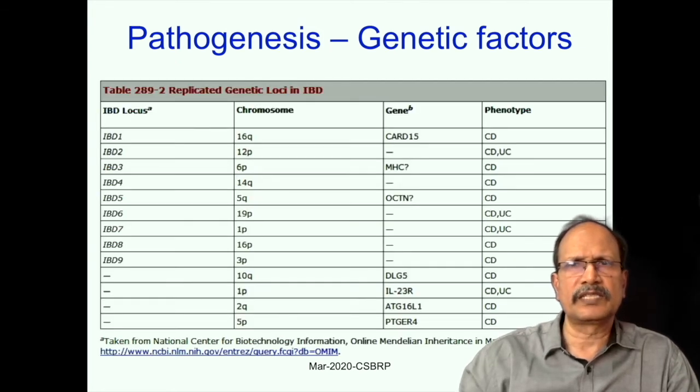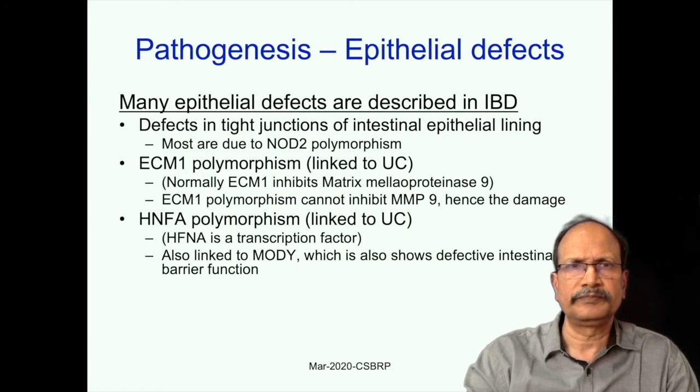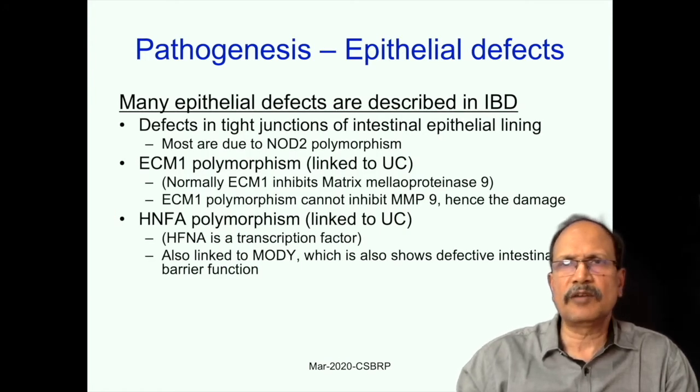And again, these are some of the genes, their location on the chromosome, and also their association, whether it is predominantly Crohn's disease or ulcerative colitis or combined. Coming to the second component, epithelial defect, I told you already the epithelial defects mainly involve the defective tight junctions.